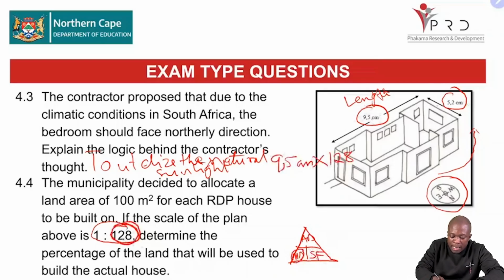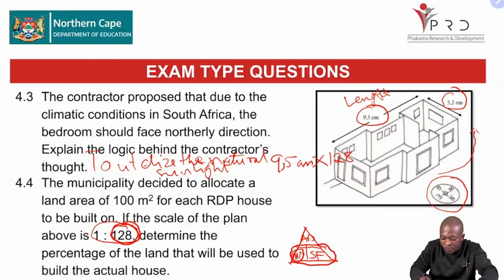You get the SF from the scale. So we have your MD and you have got your SF. When you have MD and SF, look at how they relate to each other here. MD and SF, what do we do? Good. We multiply them. So that's why I am multiplying the MD by my SF.